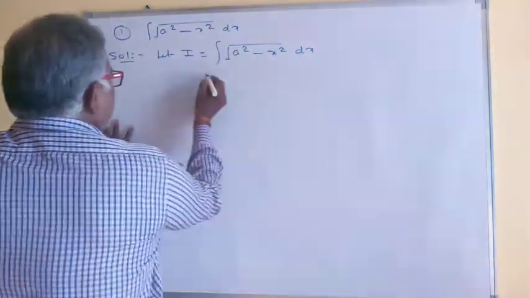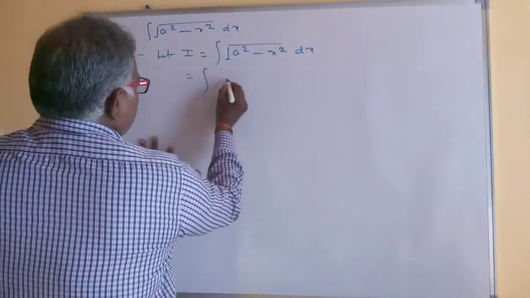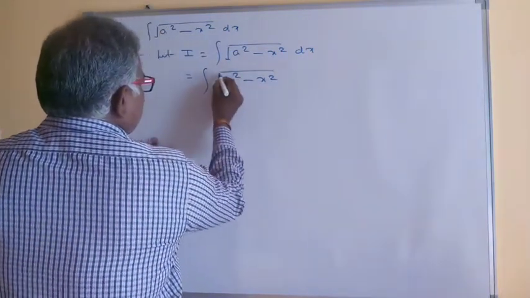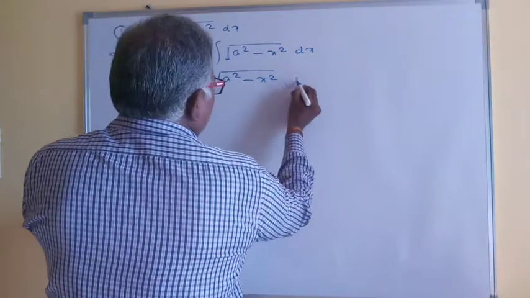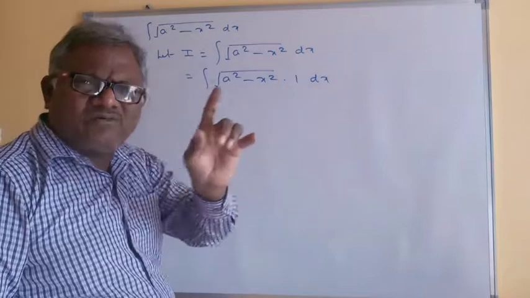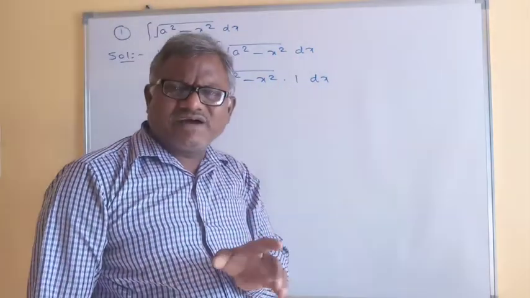So here you write root of a square minus x square into 1 dx.